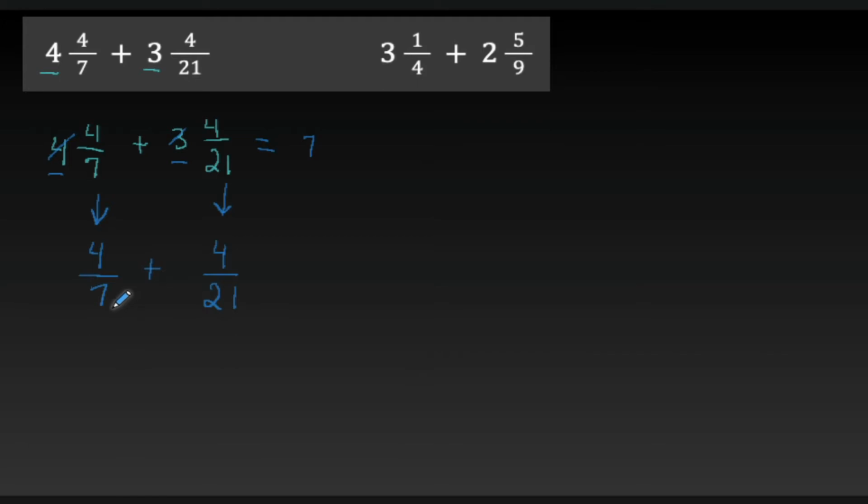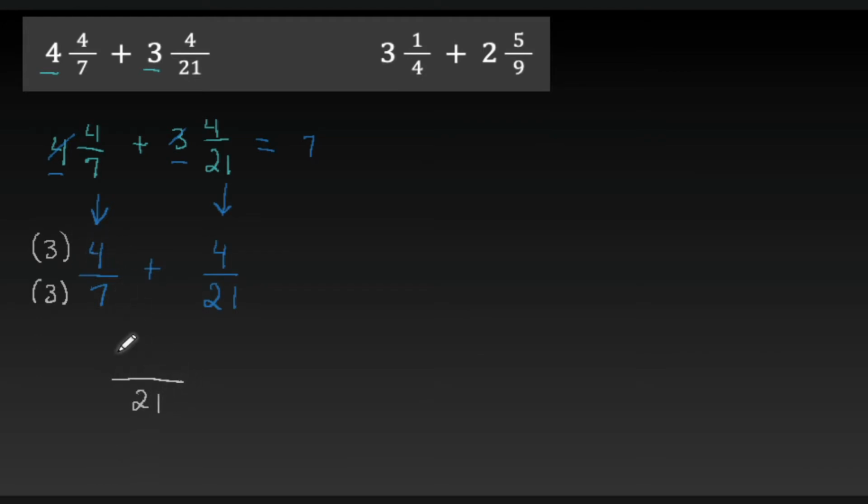So that means 7 can be turned into 21 by multiplying by 3. So we multiply in the denominator as well as in the numerator. So if you take a look, we have a common denominator of 21, so we can continue adding across the numerators.